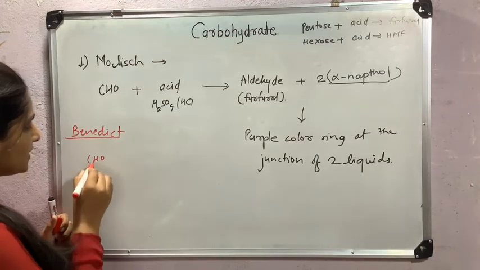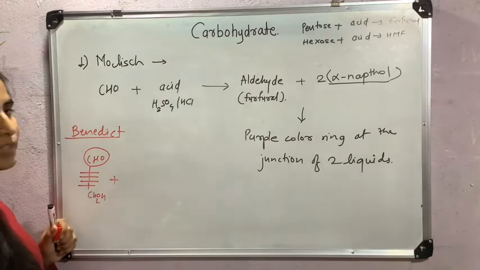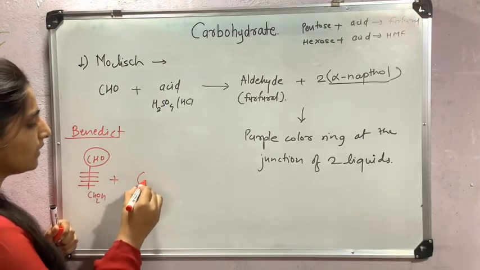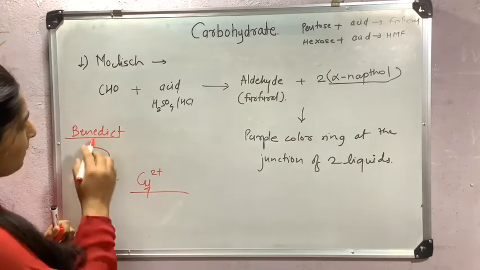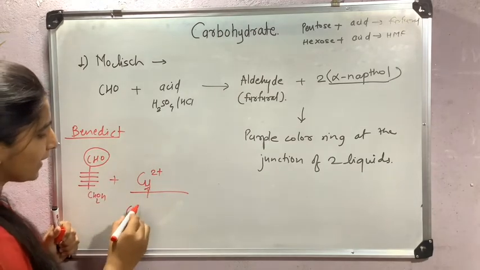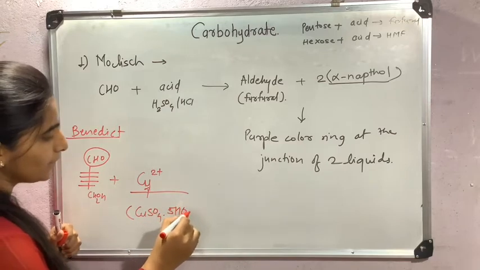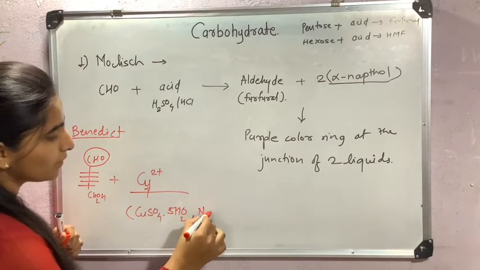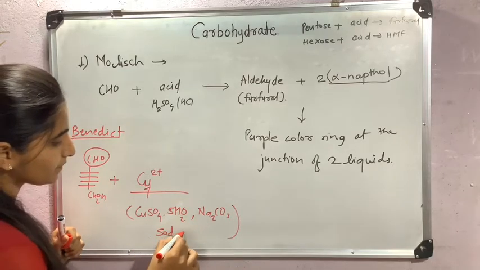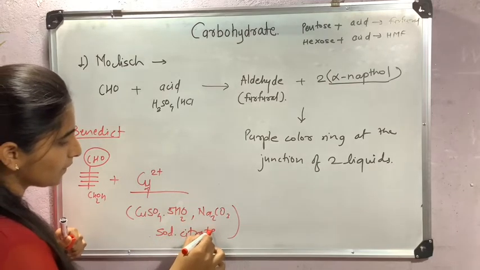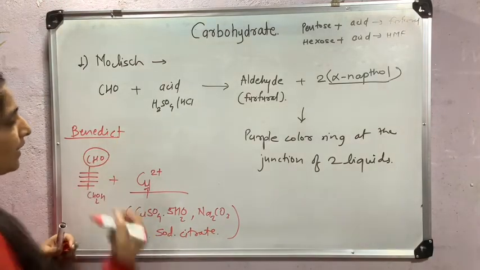That aldehyde group will react as a reducing agent, and this is Cu2+ from the Benedict reagent. Remember, Benedict reagent contains copper sulfate pentahydrate, sodium carbonate and sodium citrate. These are the reagents used for the Benedict reaction.